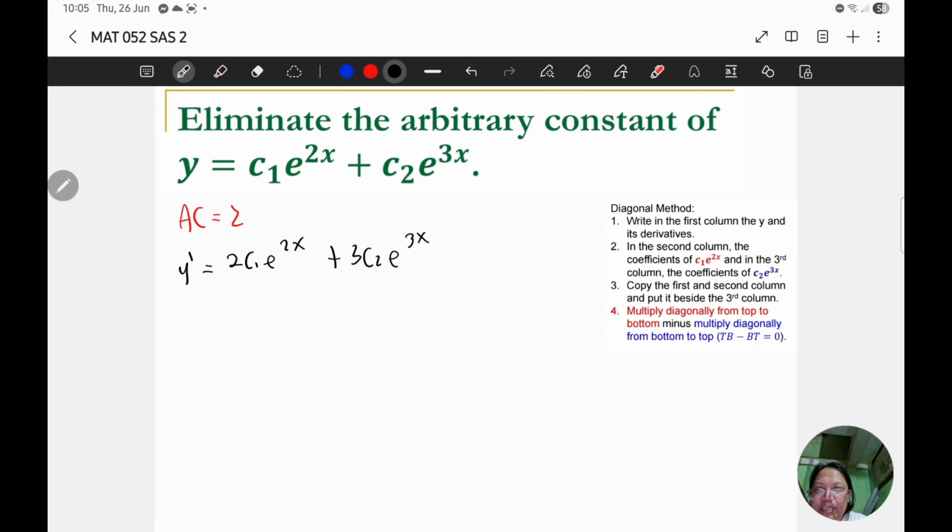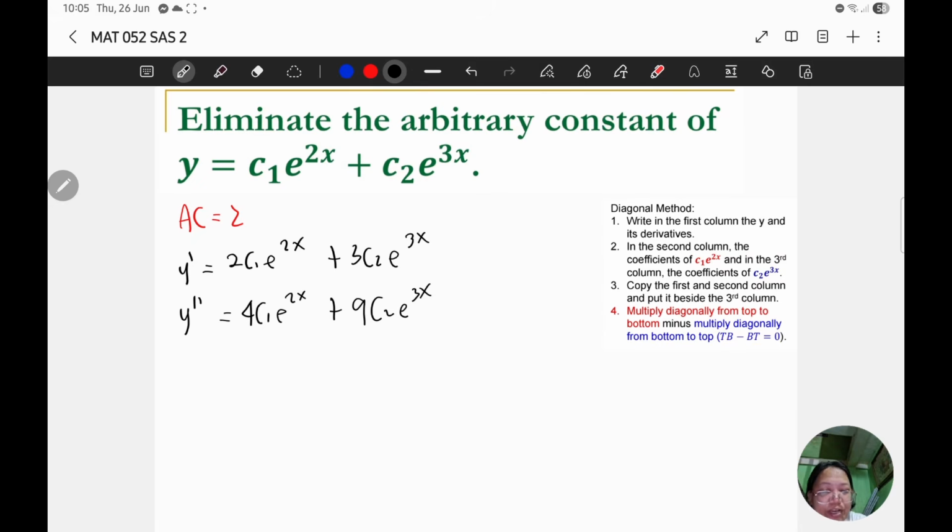We will derive again because there are 2 arbitrary constants. So the derivative of y prime is y double prime. And the derivative of 2c sub 1 e to the 2x is 4c sub 1 e to the 2x. The derivative of 3c sub 2 e to the 3x is 9c sub 2 e to the 3x.